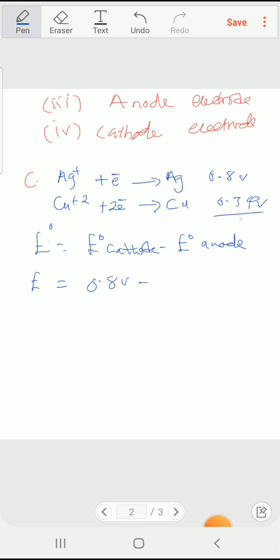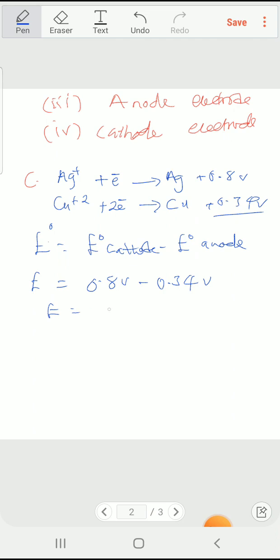So 0.34 is the least one, and this will go to the oxidation part. Since here it was positive, it will become negative, 0.34. Don't change the sign here.